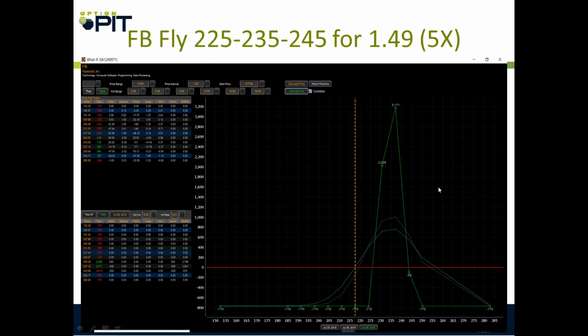Here's the 27th. And over here it tells me how I can make money and on what days. So this is on the 28th, and here is today. So you can see I'm betting 770 to make a lot.